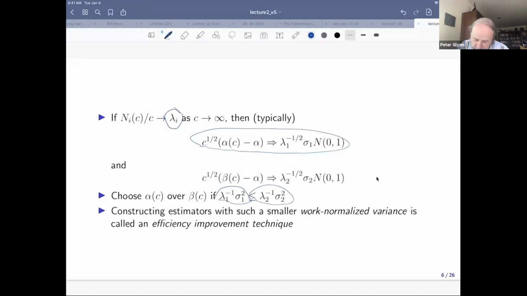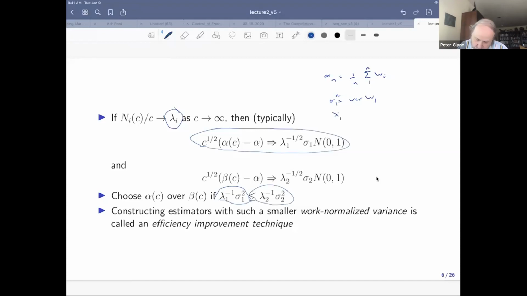So then the alpha n would just be, let's say, an average of some Wi's. And then just to be clear, in that context, sigma 1 squared would just have been the variance of W1.